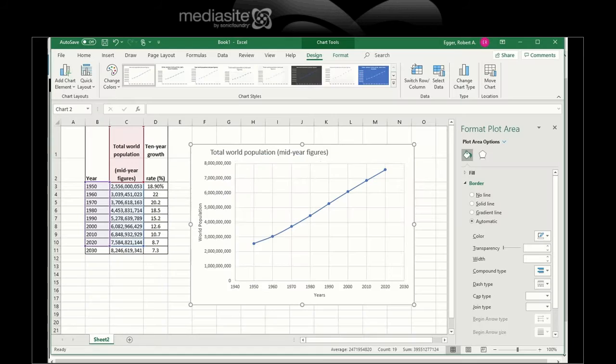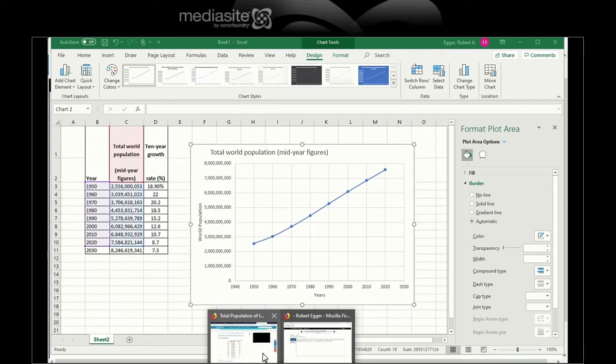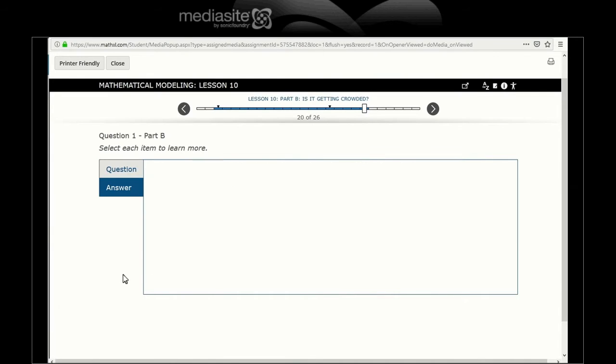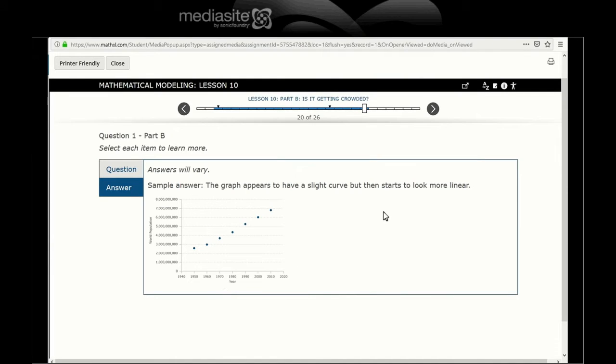Oh. Well, increasing, goes sort of linear and starts decreasing less. Graph here have slight curve, then start to look more linear. So I think it's what I said.